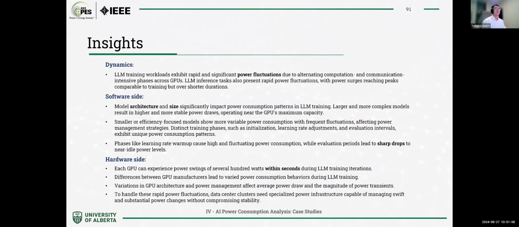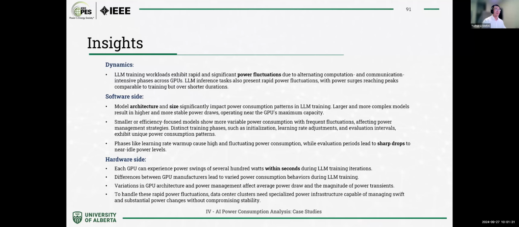We do see a lot of dynamics in model training, fine-tuning, and inference. They introduce significant power fluctuations, and rapid power fluctuation happens everywhere.